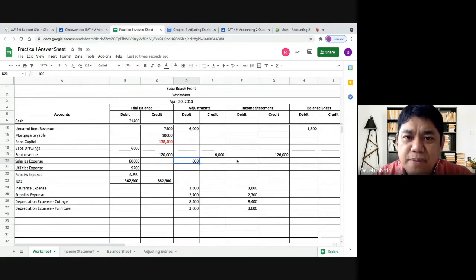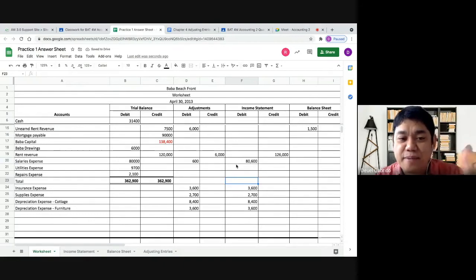What should be the total salaries expense in your income statement? 80,600. Very good. Look at that. The expenses are becoming more.